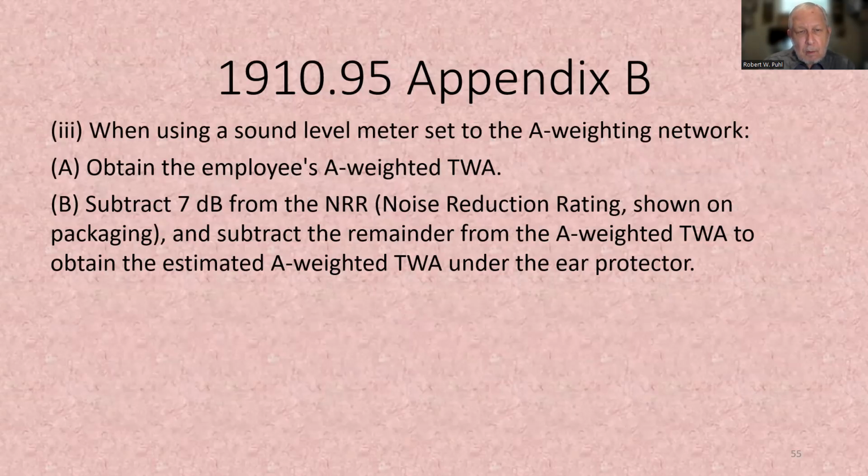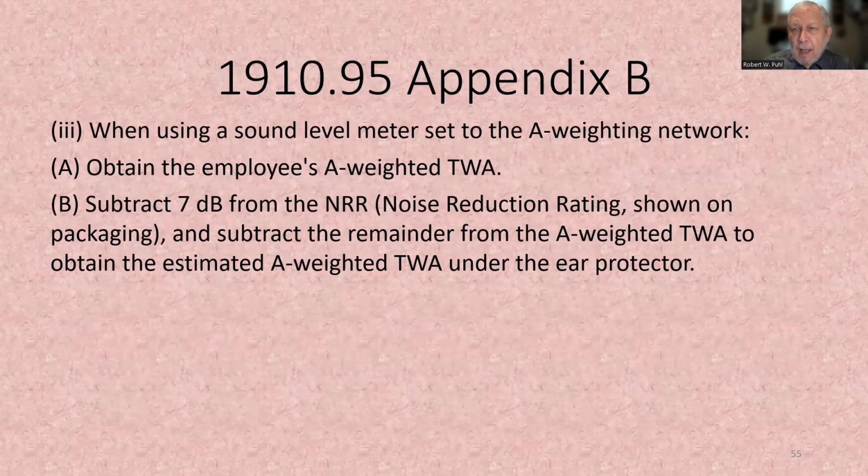Okay, so here's what you do. Using a sound level meter set to A weighting network and slow response, obtain the employee's A-weighted time-weighted average. Now the NRR, the noise reduction rating, is shown on the packaging of every piece of hearing protection you get. Maybe on the box of the hearing protectors, and not on each individual pack if you buy the earplugs in bulk. It's going to have a noise reduction rating.